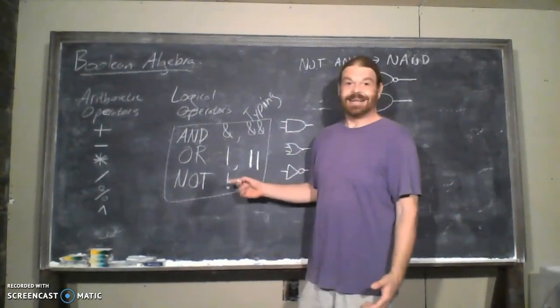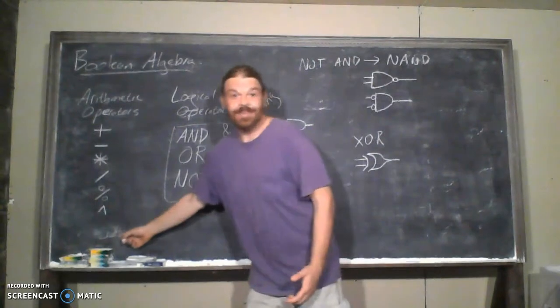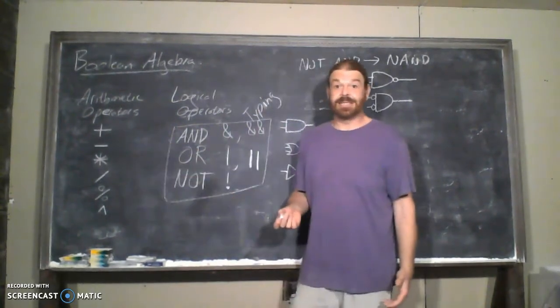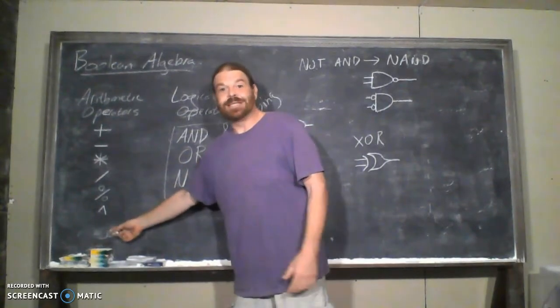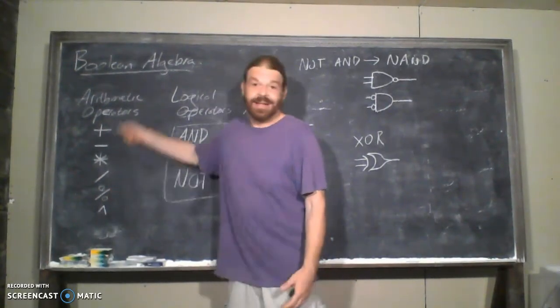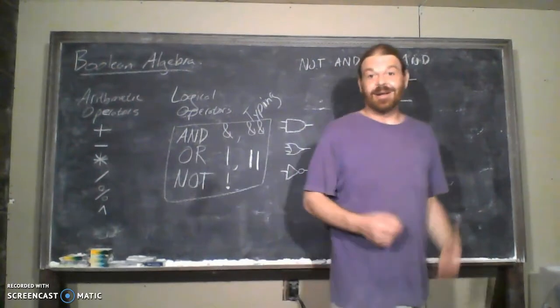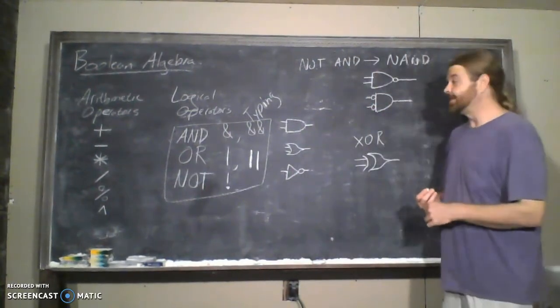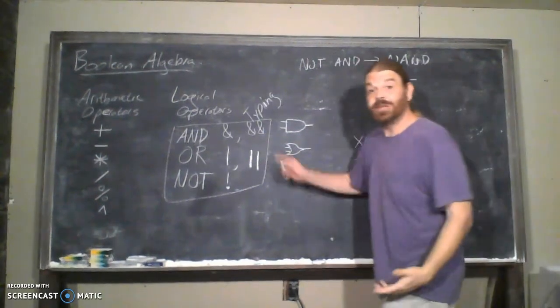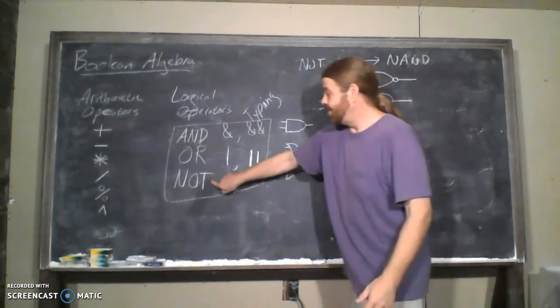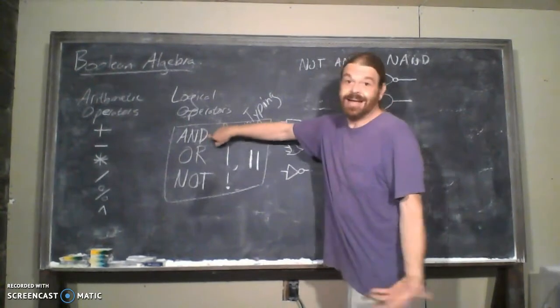So I like to state it that way because then it's the same as our arithmetic order of operations. We do the groupings, the parentheses, then our unary operations, exponents, and then our multiply and divide and add and subtract, all the binary operations. So it goes in that order. So kind of the same order, but there is a precedence to them. The NOTs will get done before the ANDs get done.